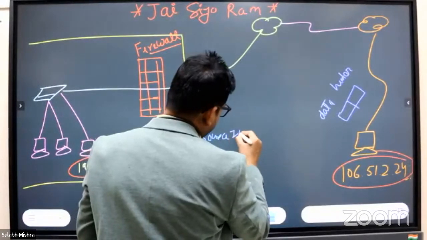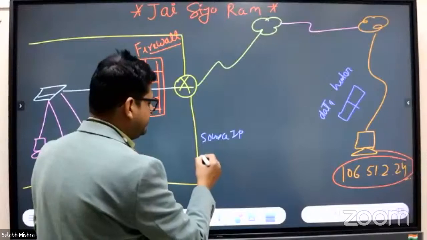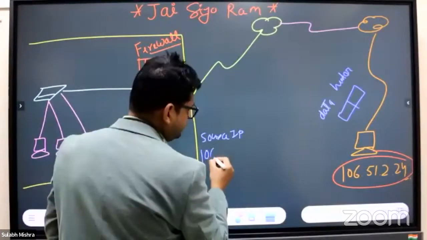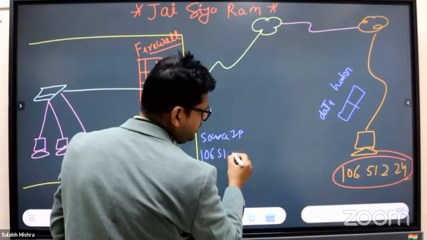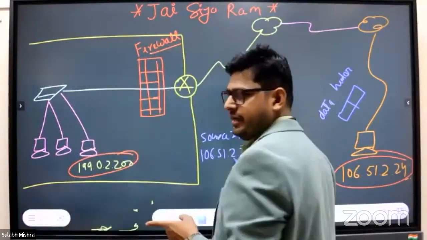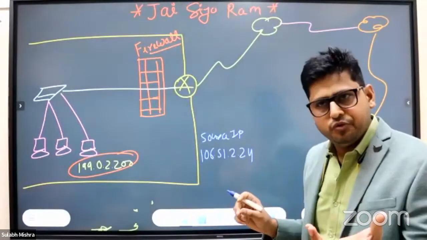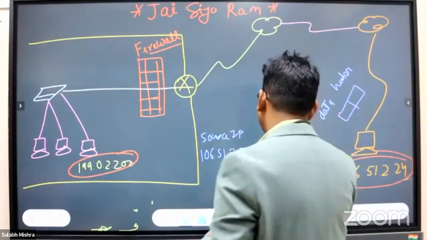What is the source IP? 106.51.2.24. Then the header will have the destination information, right? So what is the destination IP?